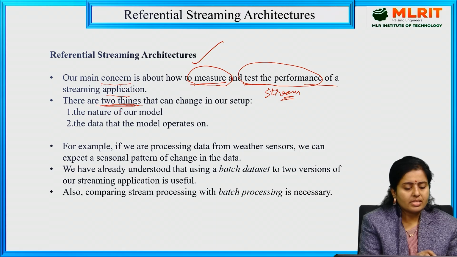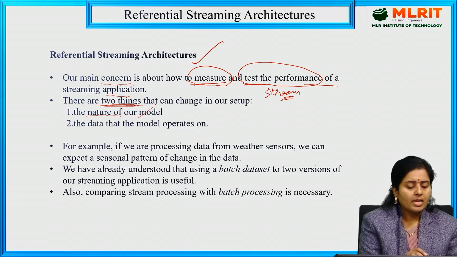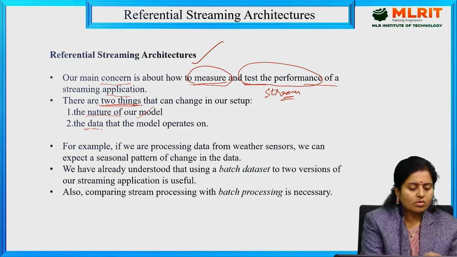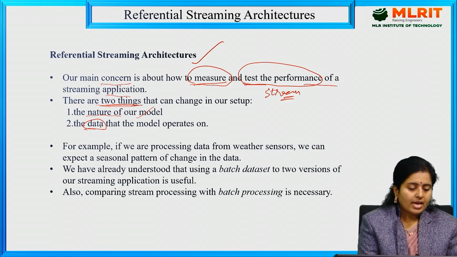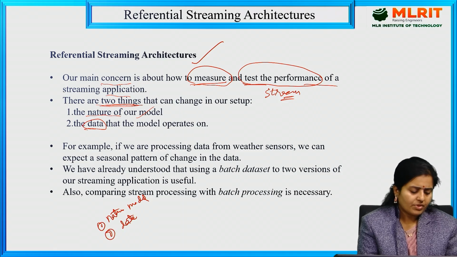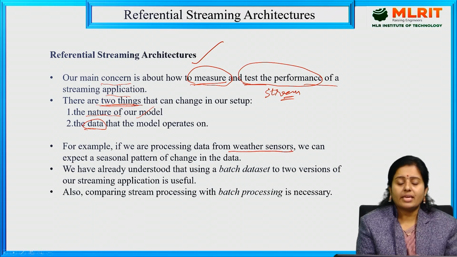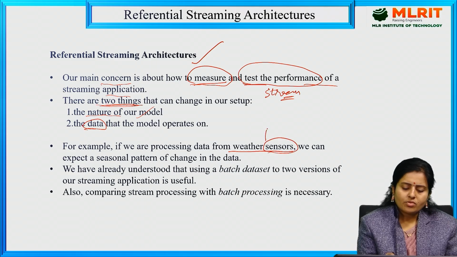The first one is the nature of our model. We have to focus more on the nature of the model and the data that the model operates on. The second thing is the data. So for example, if you are processing data from weather sensors, the data from weather sensors is continuously monitored and recorded by some machines, right?